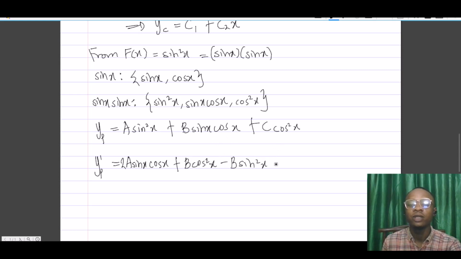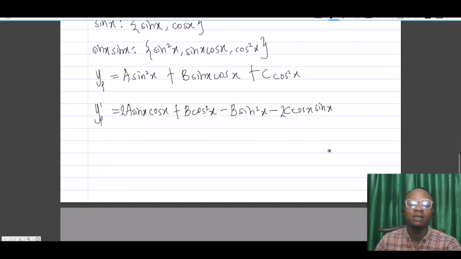Then derivative of c cos squared x, that is 2 cos x, so that will be minus 2c cos x, then multiplied by sine x. Minus because derivative of cos x is minus sine x. So we proceed with respect to the core, that will be minus 2c cos x sine x.